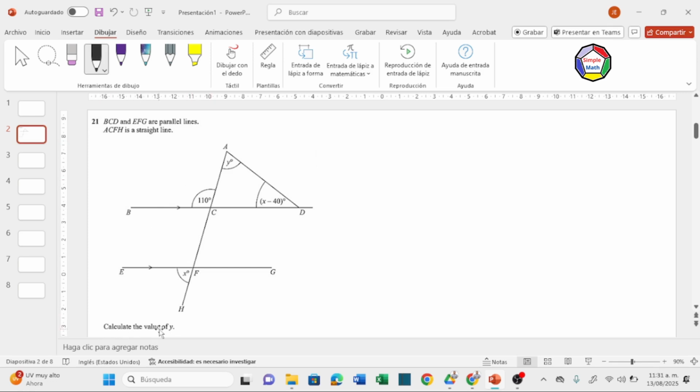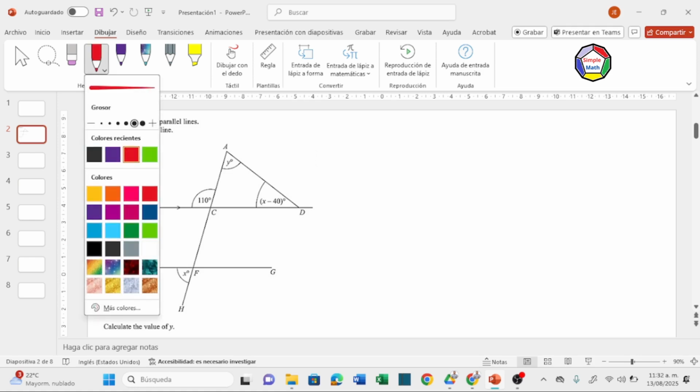It says calculate the value of y. So we need to calculate this value, but we have to play with the things we have, okay? According to the things we have, this angle is 110. So that means the angle C, which is this one, is vertical with this one. That means this angle C is also 110 degrees.